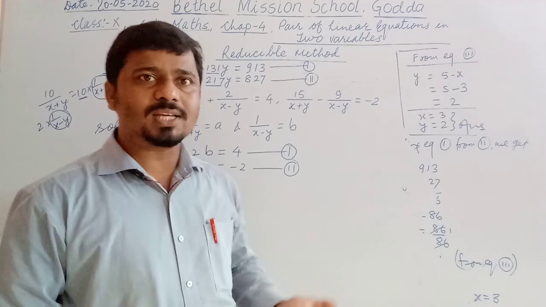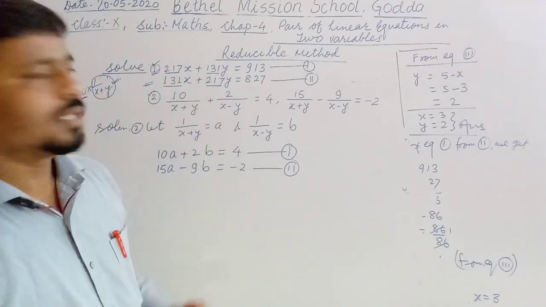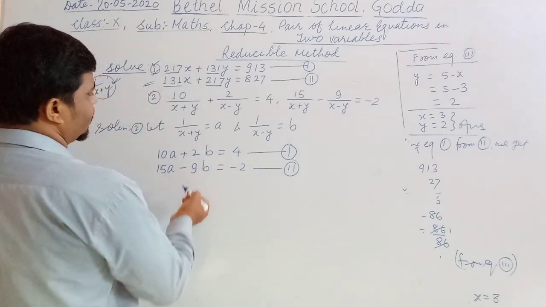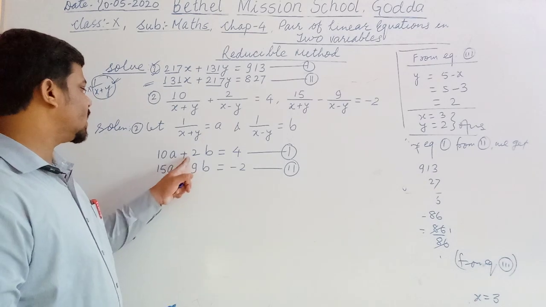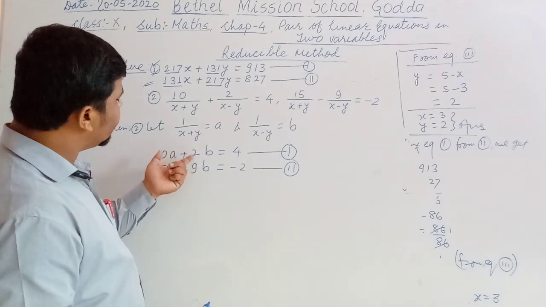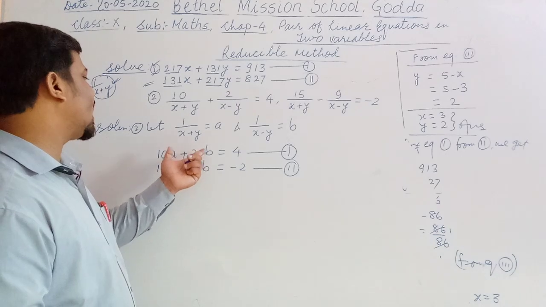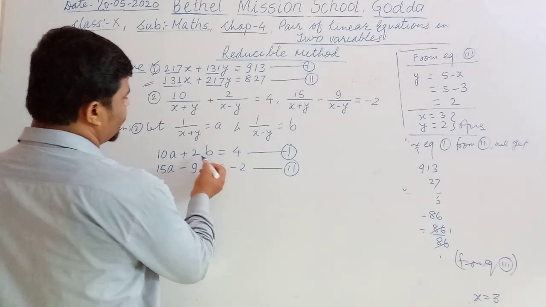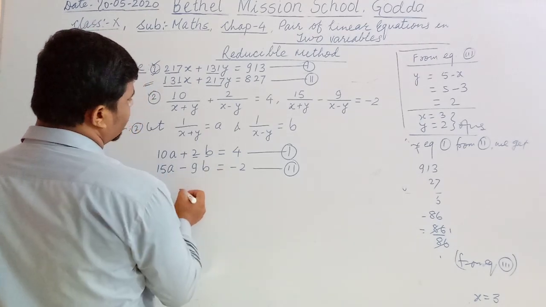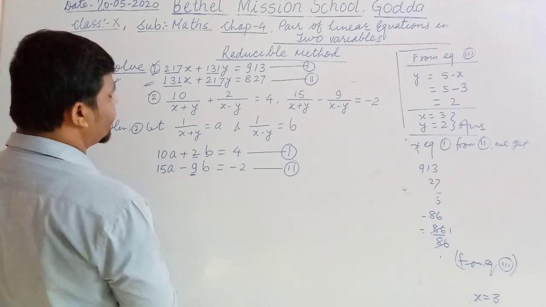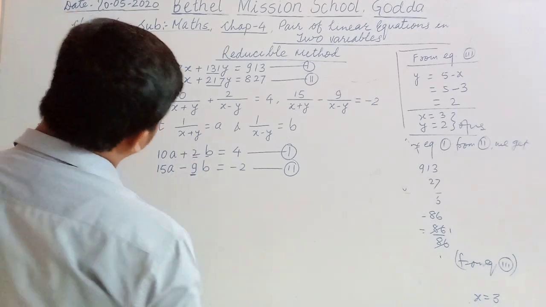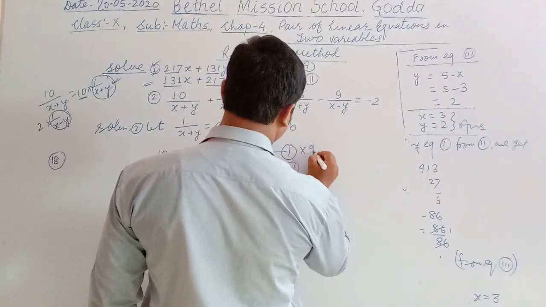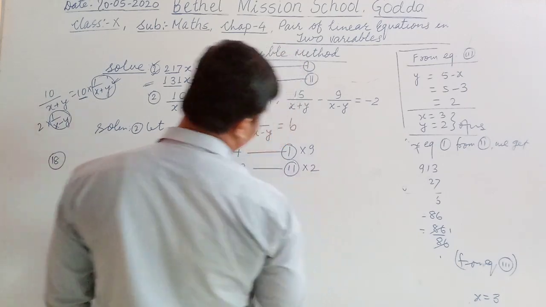Now you have the choice. You can apply any method to solve these equations. Here you can see plus and minus signs are opposite, so if we add, we can eliminate the coefficient of b. The coefficient of b should be the same. Here the coefficient of b is 2 and here it is 9. So what will be the LCM of 2 and 9? 18. So equation 1 will be multiplied by 9, and equation 2 will be multiplied by 2.